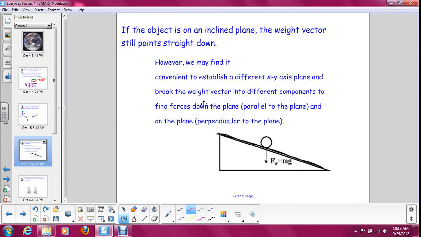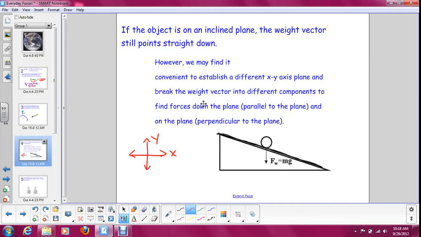So we have to decide what we want our new x and y to be. Typically, we think of x as horizontal and up and down as y. But this doesn't have to be true. We could change these to point in any direction we want, as long as those two lines stay perpendicular to each other.